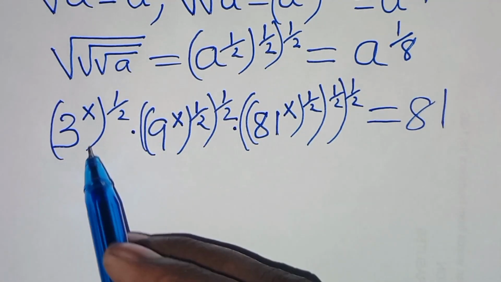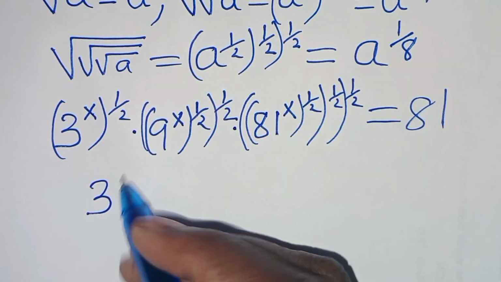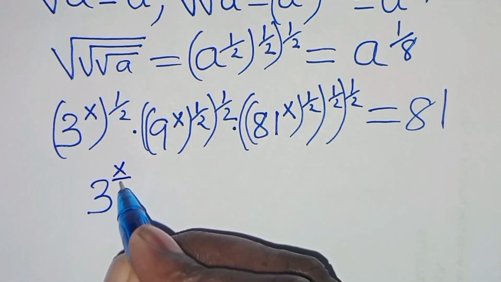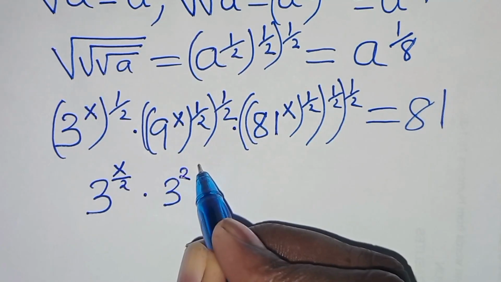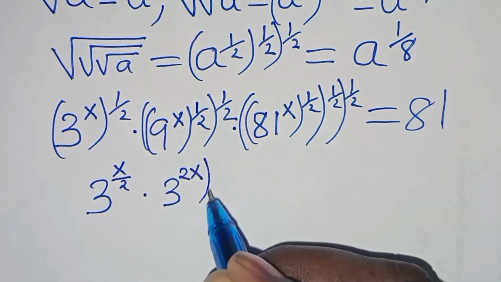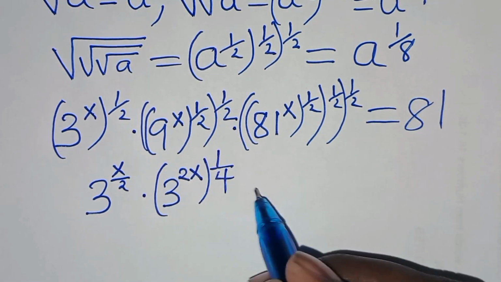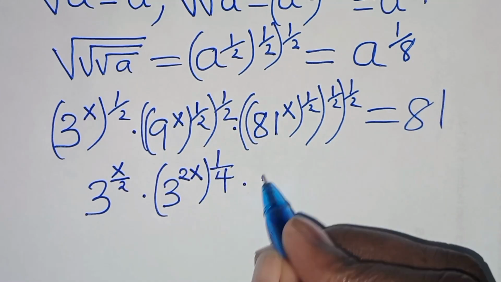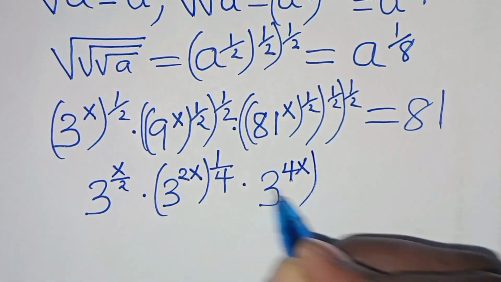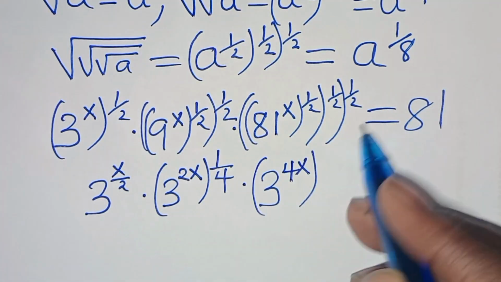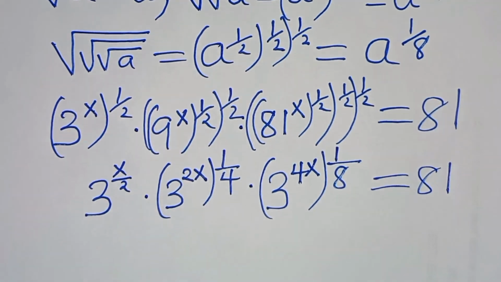Now here we'll have 3 raised to power x times a half, which is x over 2, times, we can express 9 as 3 to power 2, so that is 3 to power 2x, raised to power a half times a half, which is 1 over 4. Then multiplied by 81, which is 3 to power 4, raised to power x, then raised to power a half times a half times a half, which is 1 over 8. This is equal to 81.